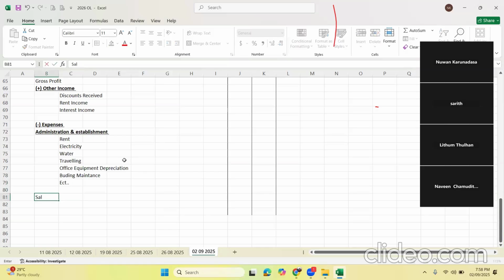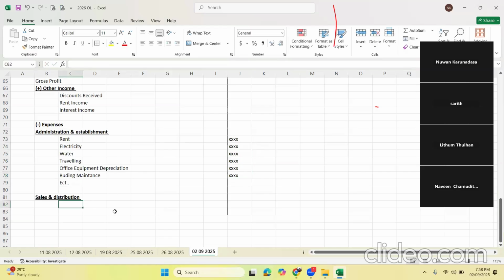Then sales and distribution. You take the next heading, sales and distribution expense. You take all the expenses here, right?